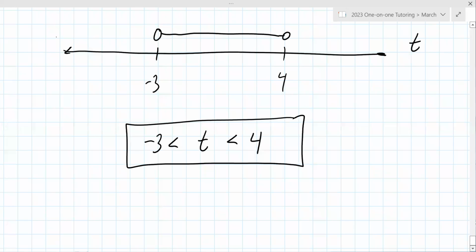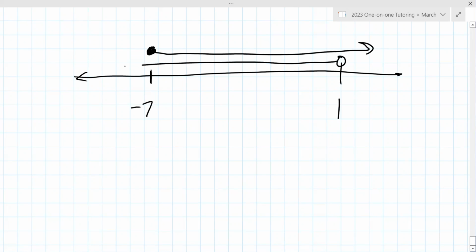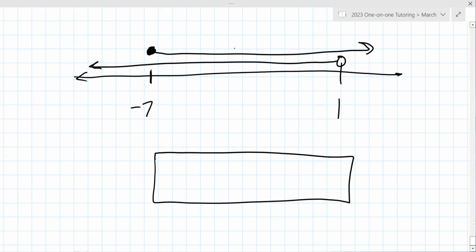All right, let's do another one. Here's -7, and we'll go to the right. Here is +1, and we'll go to the left. Give me the inequality where they're both true.